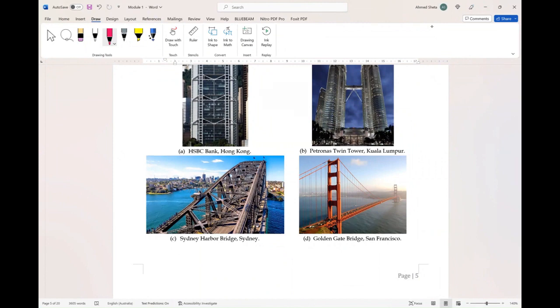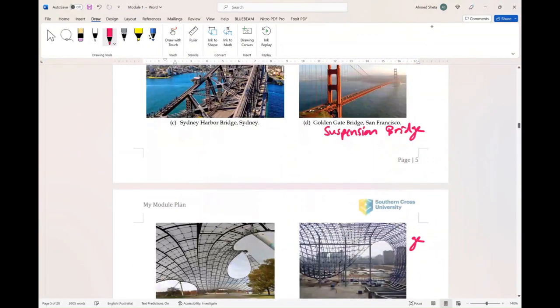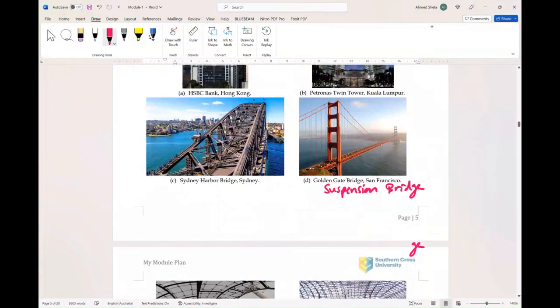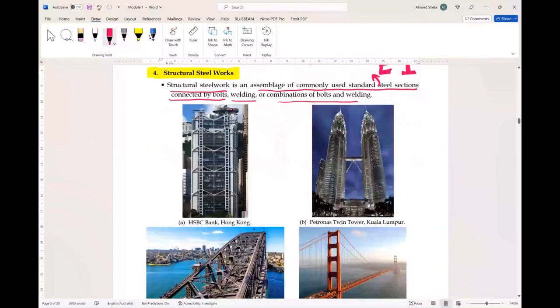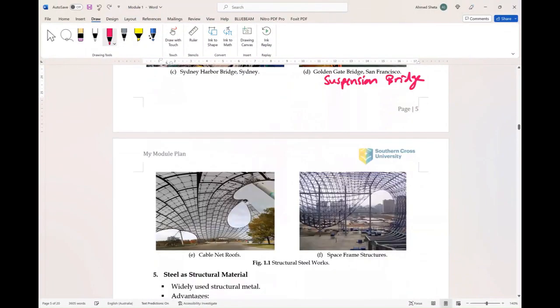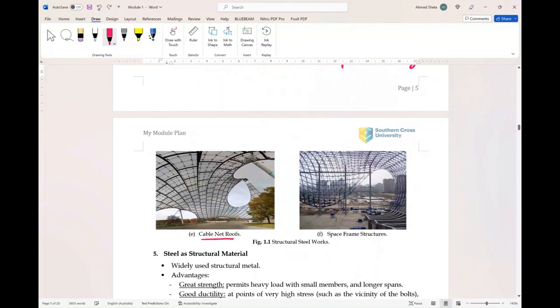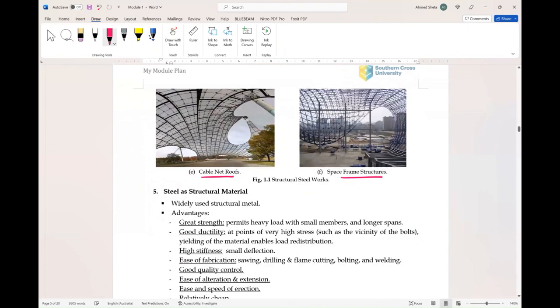The Golden Gate, San Francisco, is an example of a suspension bridge, and there are also some examples of cable net roofs and also space frame structures. So all these images are examples of structural steel works constructed now, which show how much development has happened to structural steel or steel structures.